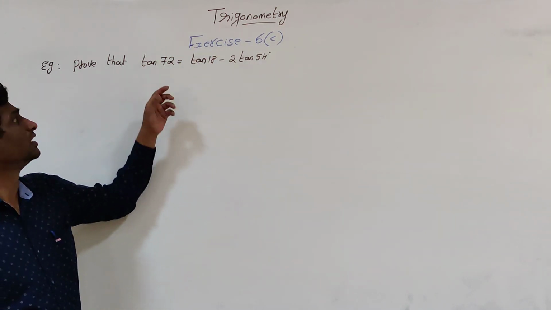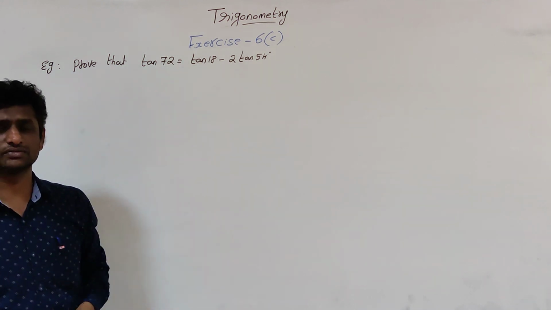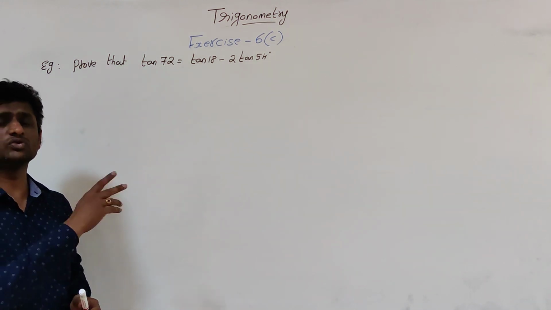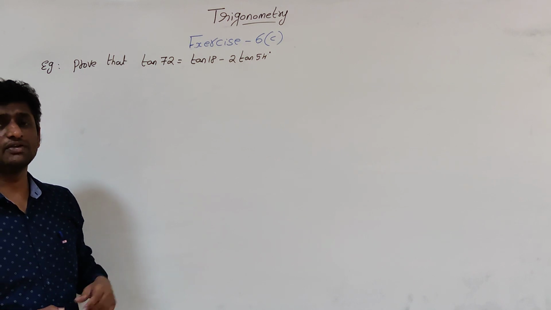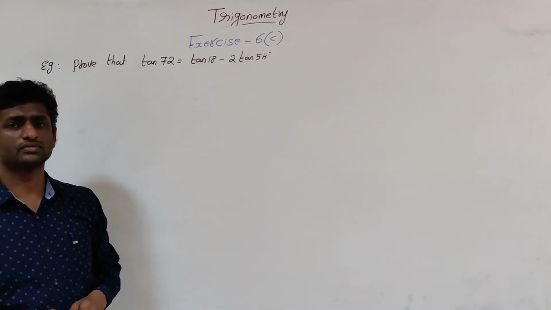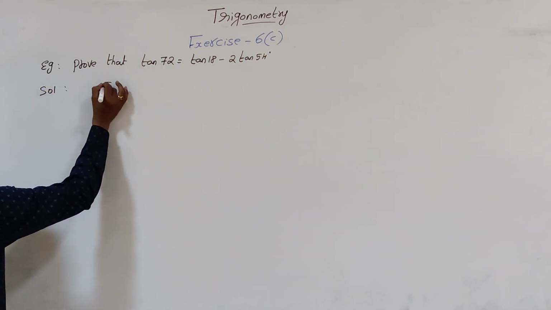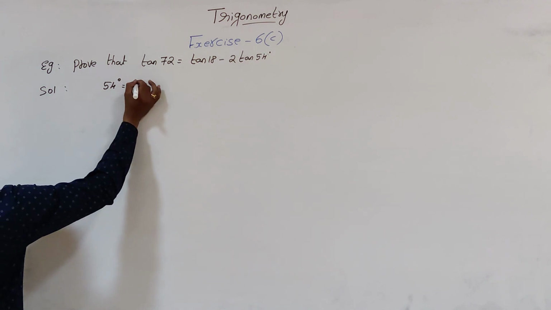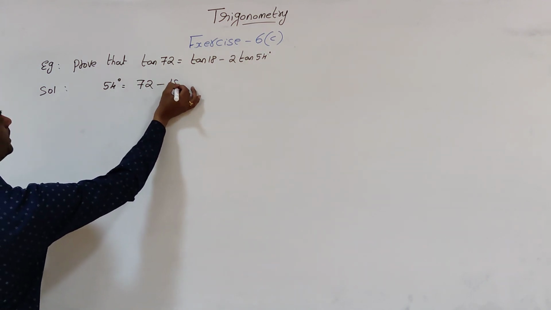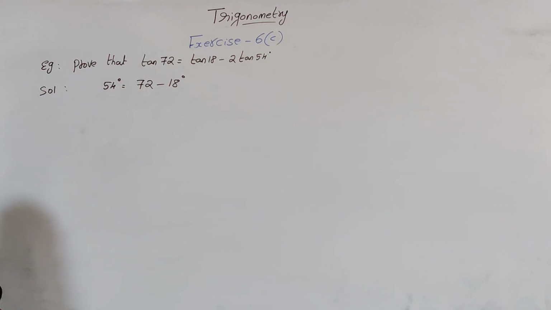Means the complementary angles are 72 and 18 degrees, because the sum of the two angles is 90. And if you observe, the difference of 72 and 18 is 54. Means 54 degrees can be written as 72 minus 18 degrees. 72 minus 18 gives 54.